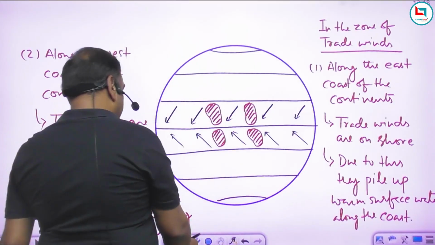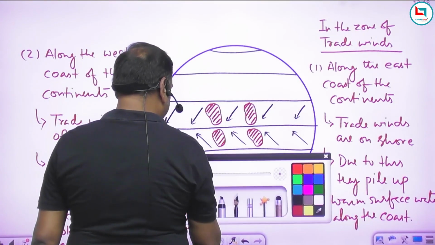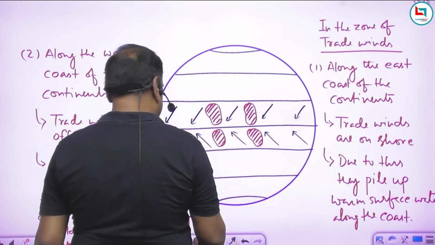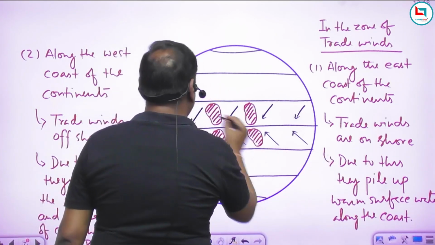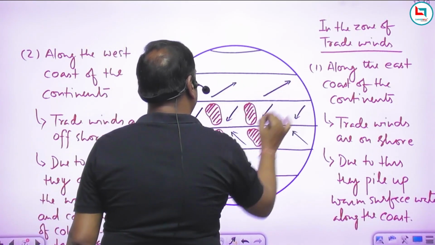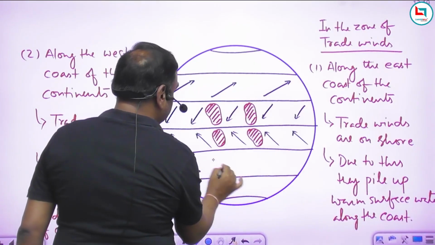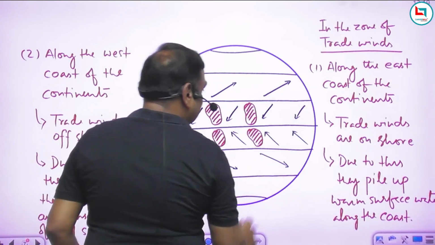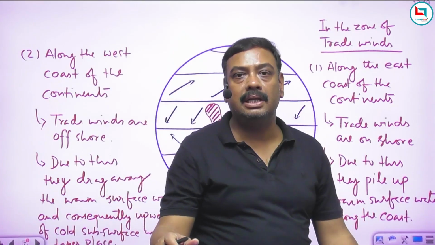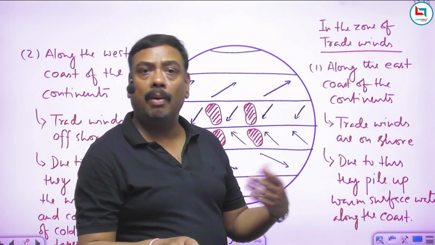Now come here. In the region of westerlies, if we consider the zone of westerlies, the same phenomenon becomes opposite. In the case of westerlies, the same phenomenon becomes opposite.